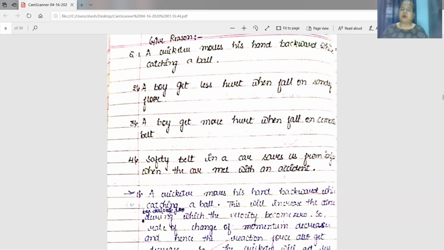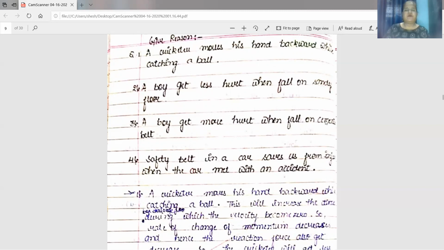And when you fall on the cemented floor, the time of fall during which the velocity becomes zero will decrease. So in number 2, you will write that the time of fall during which the velocity becomes zero gets increased. As the time increases, the rate of change of momentum will get decreased. So the reaction force will get decreased and the boy will get less hurt on the sandy floor.